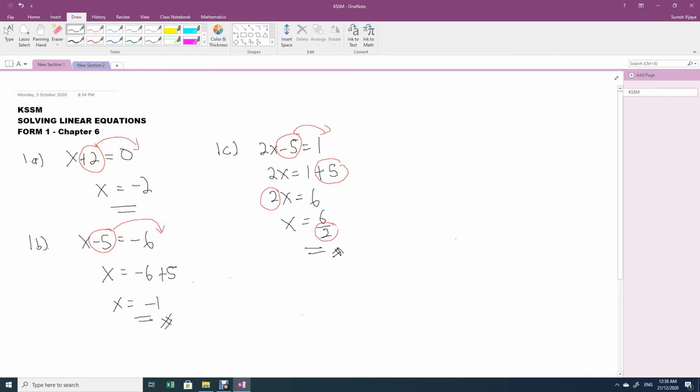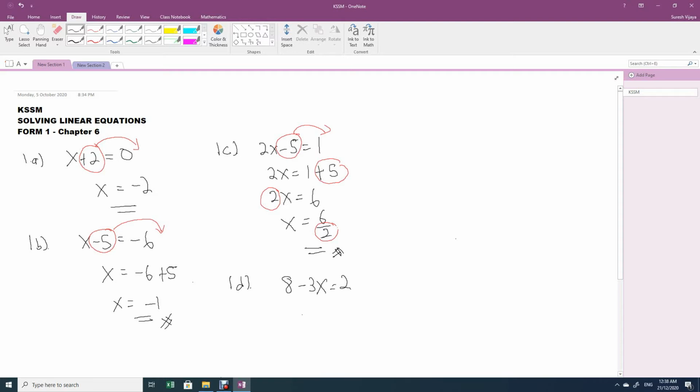Anyway, let's move to more examples so that we can cover more. So let's say 1d, we have 8 minus 3x equals to 2. How do we solve this? There are many ways to solve this.